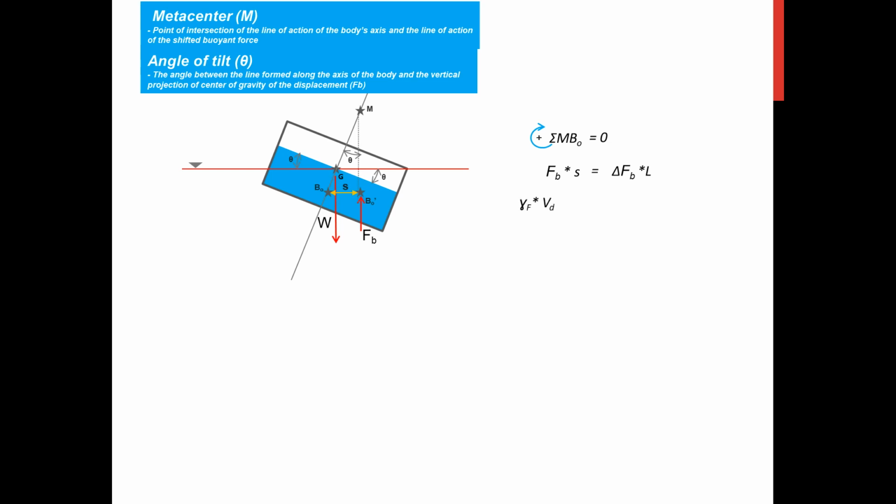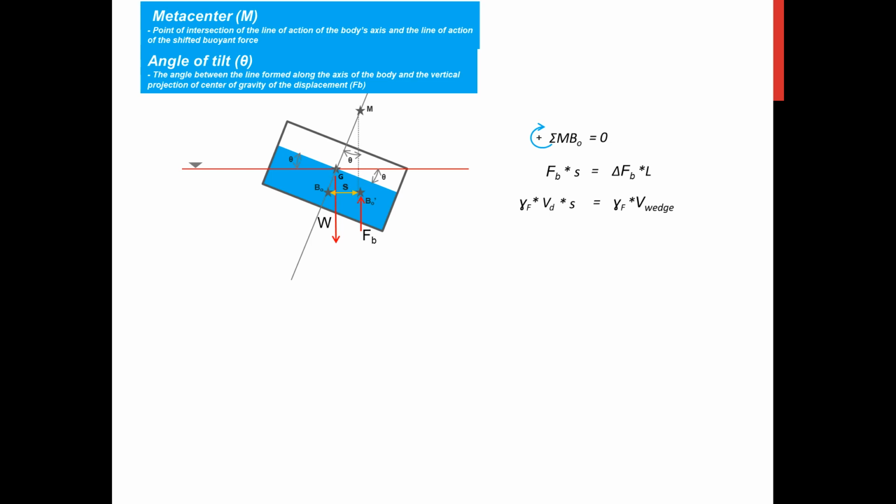Now, for our buoyant force, we know that buoyant force is the gamma of the fluid times the volume submerged times S distance. Okay? In here, we refer to the delta or the additional buoyant force due to additional and deductive volume. Hence, delta FB is equal to gamma of the fluid times the volume of the wedge. Recall the wedge volume.